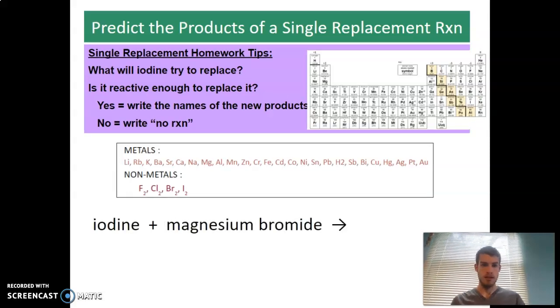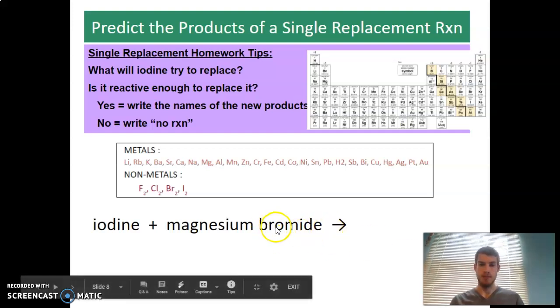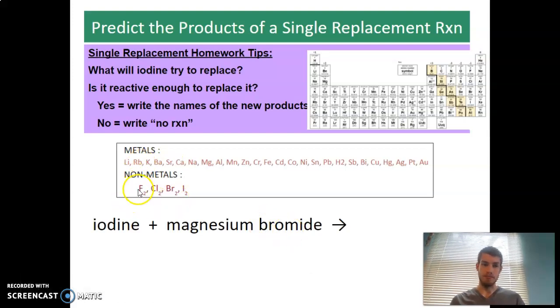All right, let's try another one of these. So now we have iodine and magnesium bromide. So what is iodine trying to replace? Iodine, that's our nonmetal, so it's trying to replace the bromide part of it, bromine. So we're going to look at the nonmetals this time. Find the two of them. We'll start with iodine.